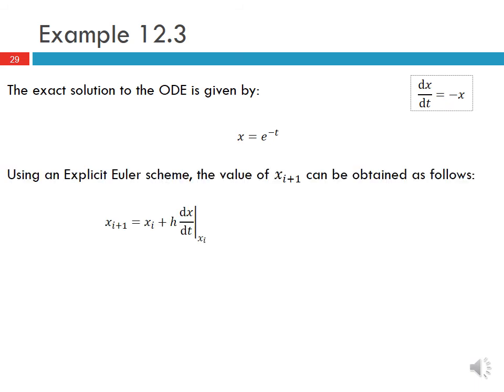Using the explicit Euler scheme, the value of x_{i+1} can be obtained as shown here. So x_{i+1} is equal to x_i plus h dx/dt, evaluated at x_i. So if we plug in the form of our dx/dt here, evaluate this at x_i, we have x_i plus h times minus x_i, which is equal to 1 minus h times x_i.